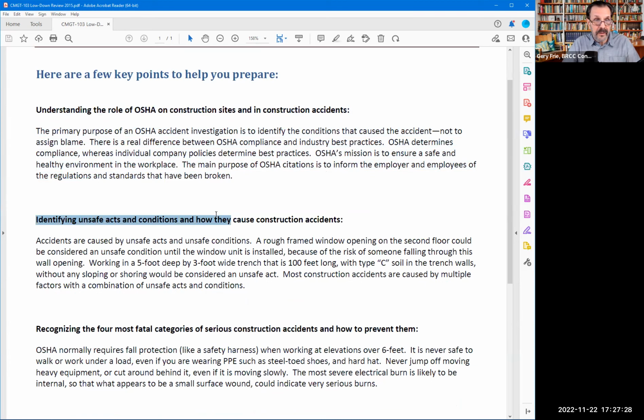Look at the next group here. It says identifying unsafe acts and unsafe conditions and how they cause construction accidents. I just mentioned that the indirect causes of an accident can be things like failing to use fall protection. That's an unsafe act, to not use fall protection, not to have a personal fall arrest system, or to not have guardrails.